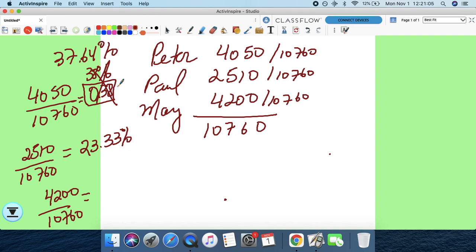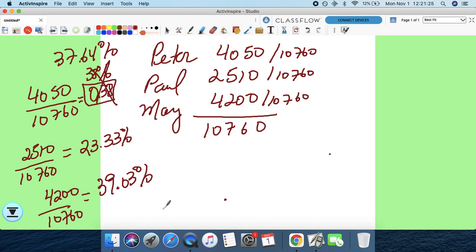Subtracting from 100 gives us that Mary owns 39.03. This is not too accurate, but that's how much she owns as the main owner of the company. 4,200 divided by 10,760. Yeah, actually it's pretty accurate.